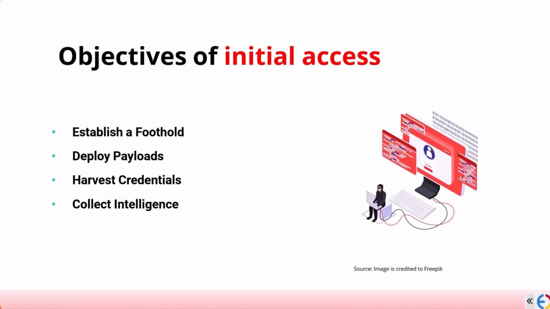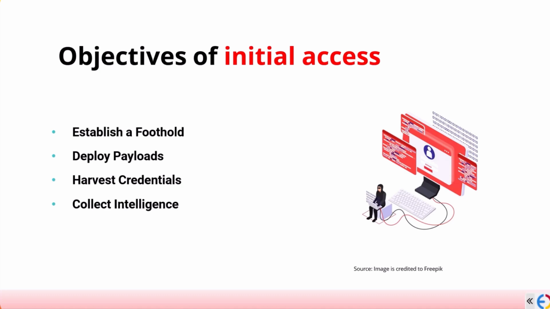Here are some objectives of the attacker in establishing initial access. To establish a foothold, attackers gain an initial entry point into the target network or system. This is the first step in a cyber intrusion, enabling adversaries to begin their attack. To deploy payloads, attackers introduce malware or other malicious tools that will help in maintaining access, gathering intelligence, or performing further exploitation.